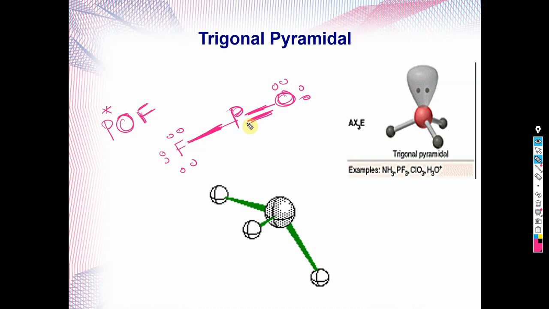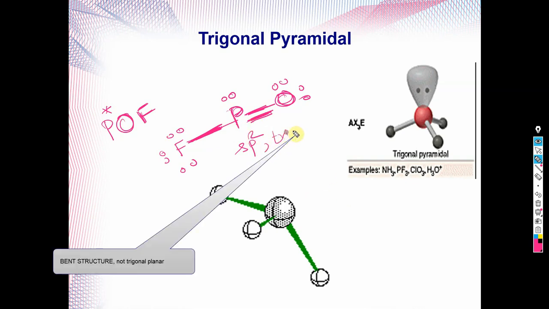So phosphorus now has 3 bonds, and as you know, phosphorus is also, like nitrogen, going to have a lone pair. So now we have a double bond, which means phosphorus is sp2 hybridized, and since it's a double bond, we are not going to have a linear structure. It's sp2 hybridized, that means it is going to be a planar structure like that, and so you have fluorine, you have an oxygen.